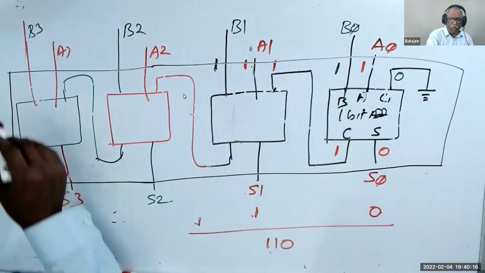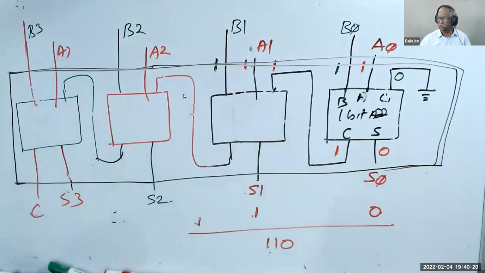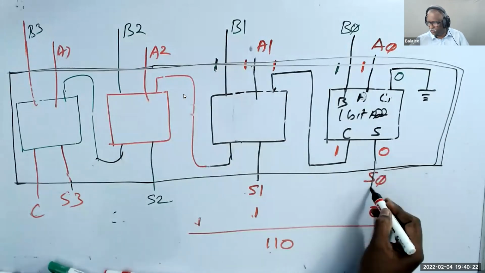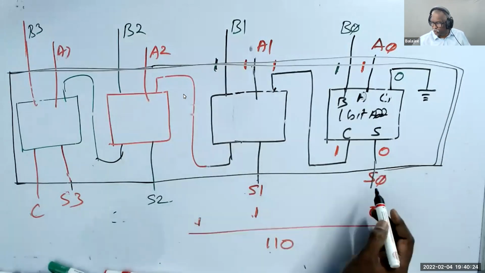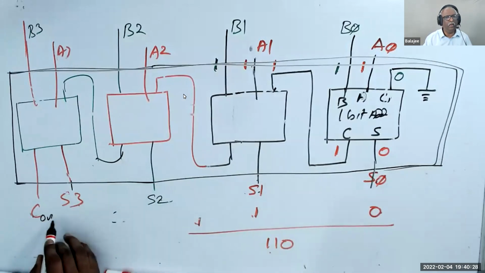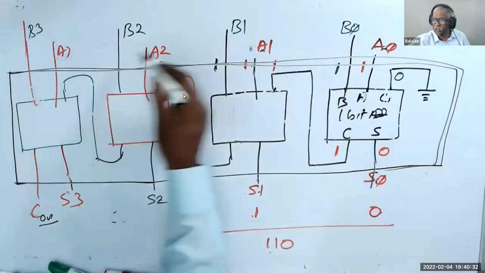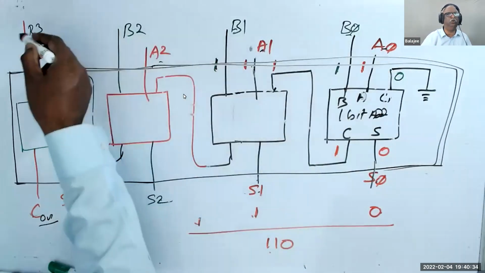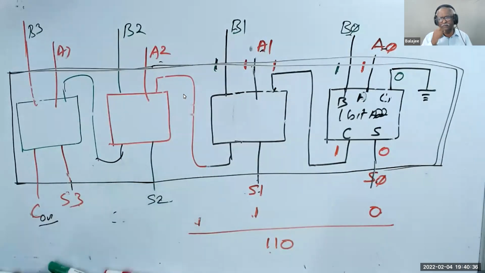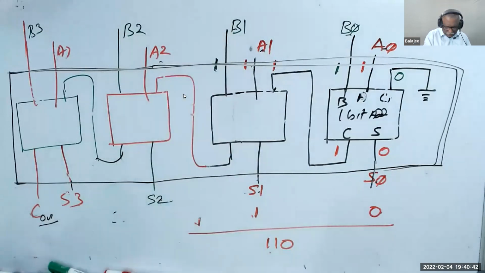You understand this block now. So what is inside the block? S0, S1, S2, S3 and C out are outputs. A0, A1, A2, A3 are inputs. B0, B1, B2, B3 are inputs. This is called an adder. And how many bits? This is called a 4-bit adder.